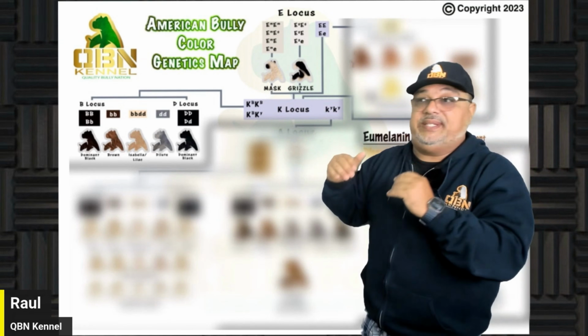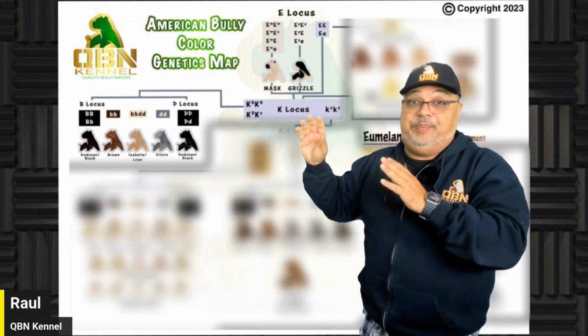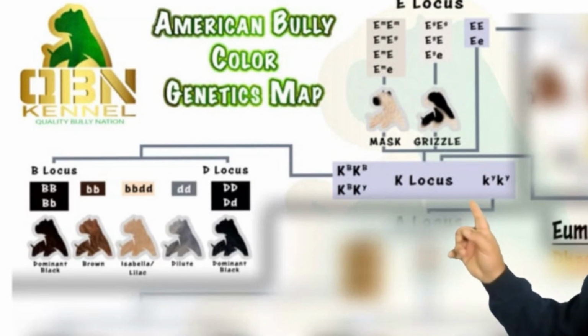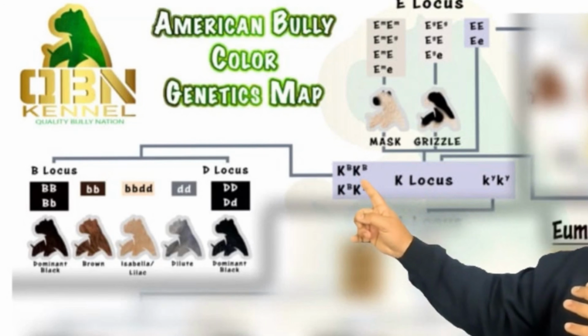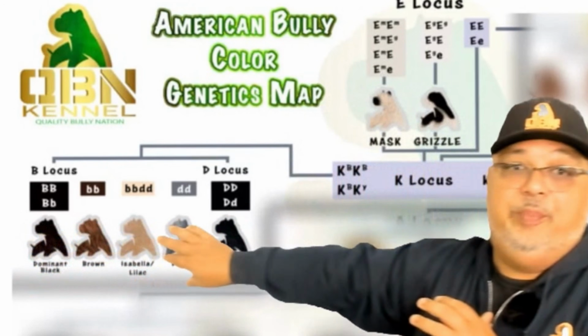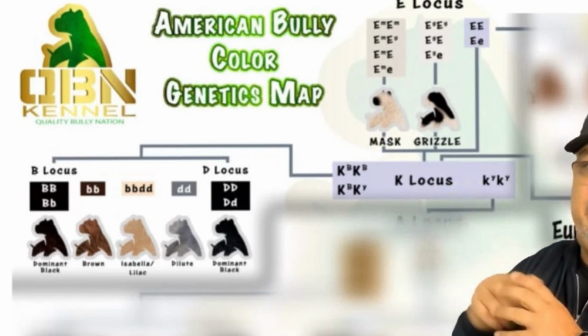In other words, it's going to allow whatever pattern underneath that's there, in particular tan points, to be able to show. So for right now, these combinations of KB, as you can see, are giving you a host of colors that are pretty much solid all the way through. Almost, and we'll get to that a little bit later.